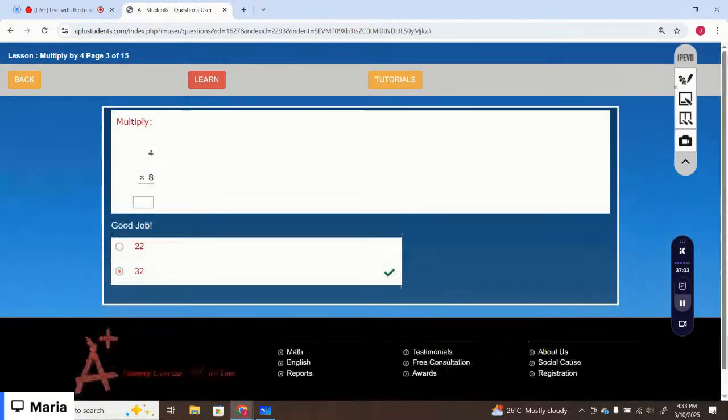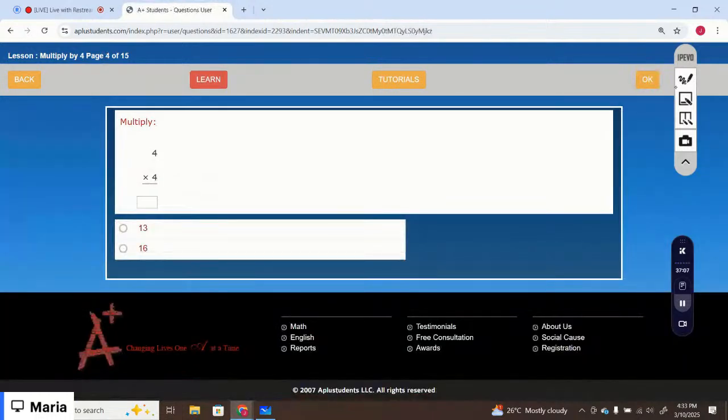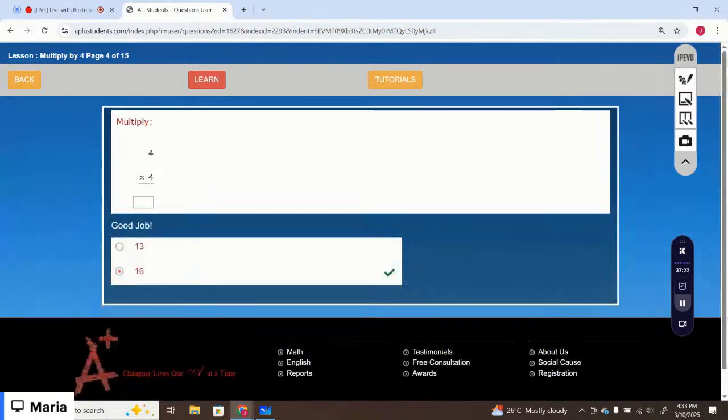Option number 2 is the correct option. 4 times 4 equals 16.